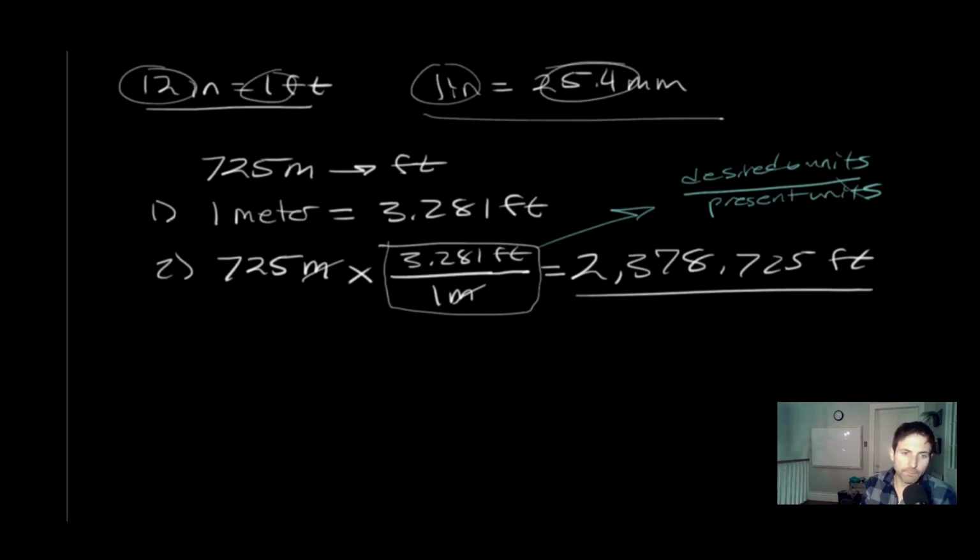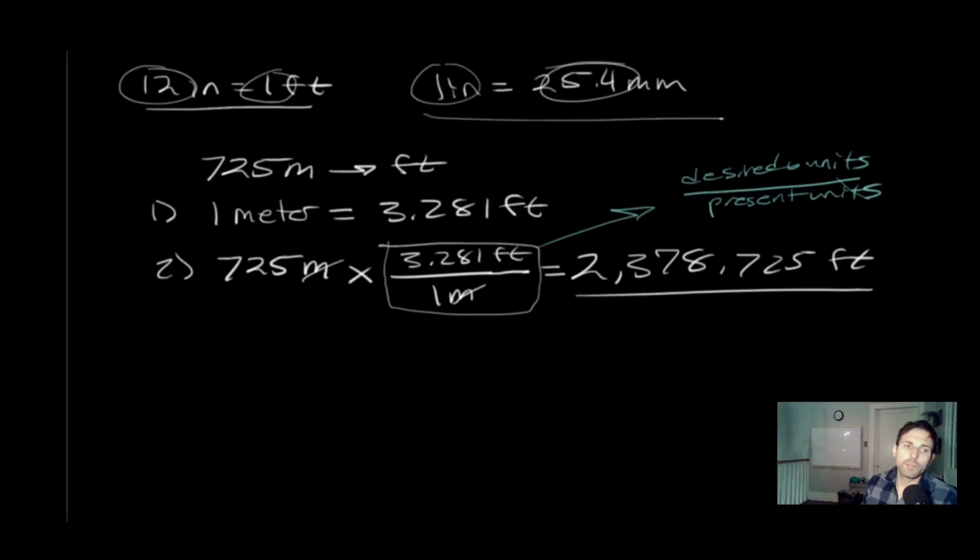So the first step was getting that conversion factor and that relationship. 1 meter equals 3.281 feet. And then we just multiplied what we presently have by our desired over our present units. And we cancel those units out. And then we're left with what units we want.